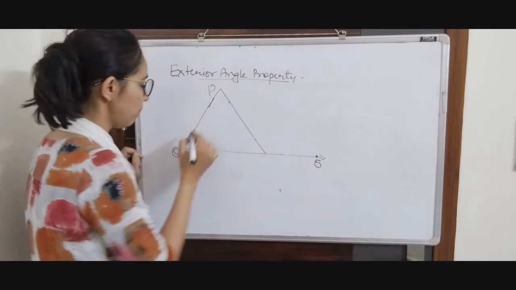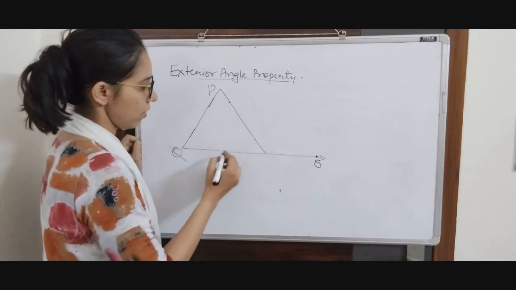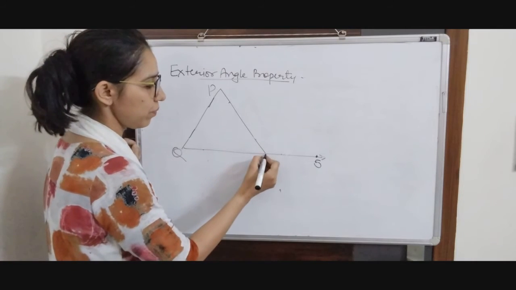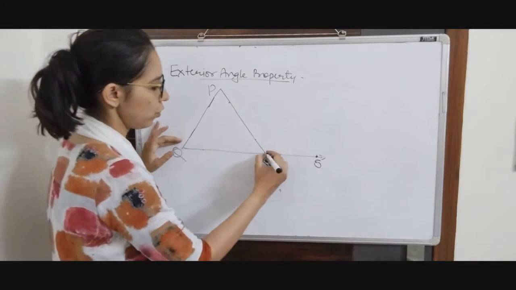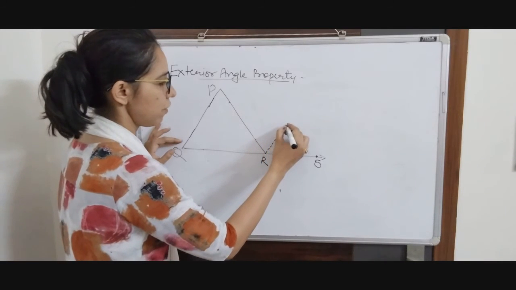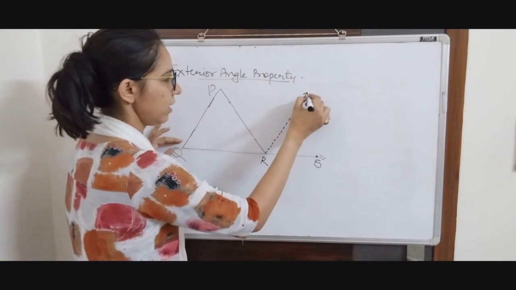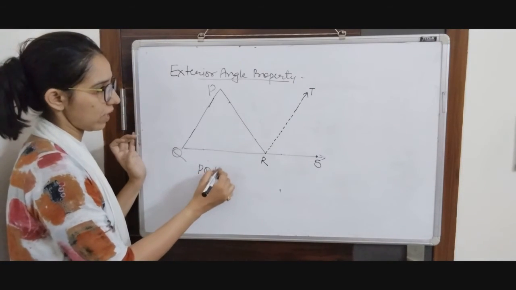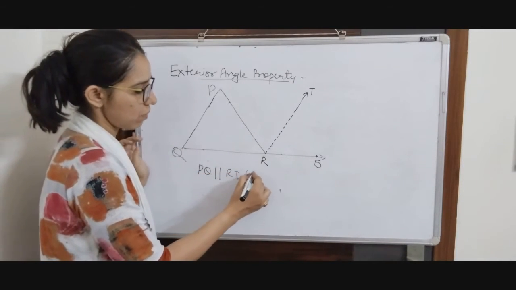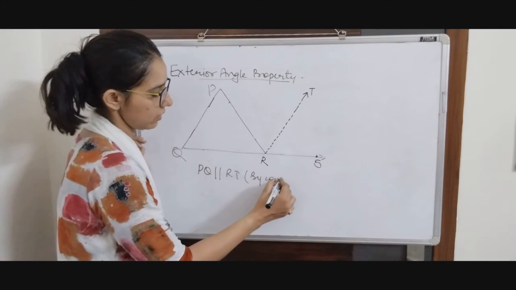So what we will do, we will draw a parallel line from this point R. We will draw a line parallel to PQ like this. We will do construction and we will draw a line, this is T, and PQ is parallel to RT, which is by construction.